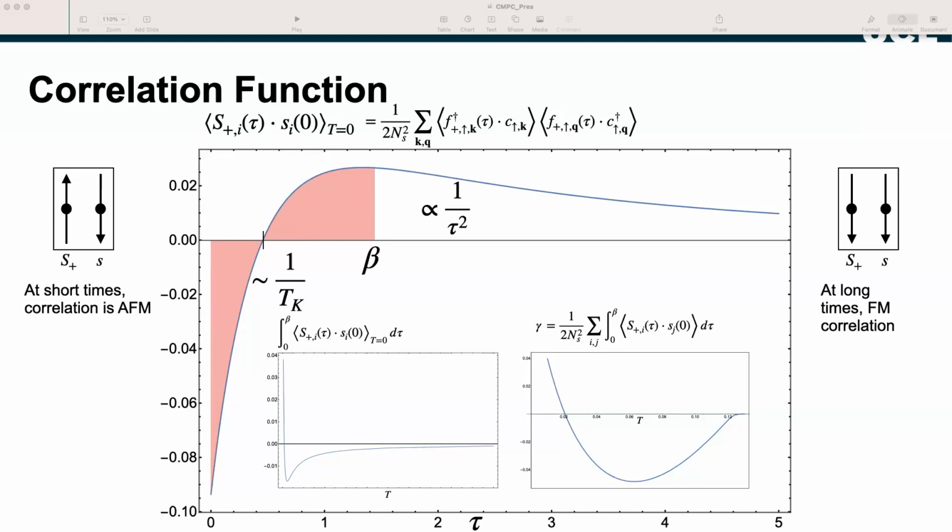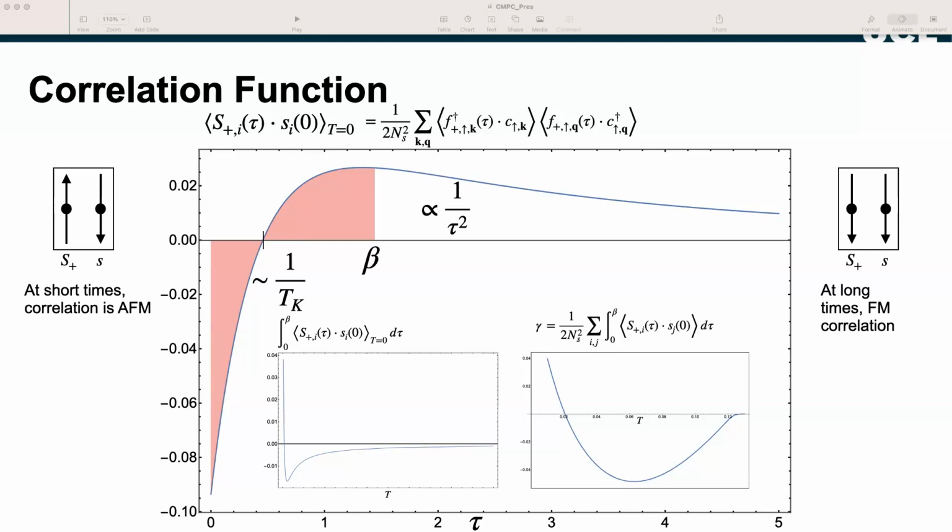Does that come out of your model? One of the properties of the underscreened model that is well known for a single impurity is that the spin half gets screened by the primary channel, but the second channel now develops a ferromagnetic coupling to the underscreened moment.